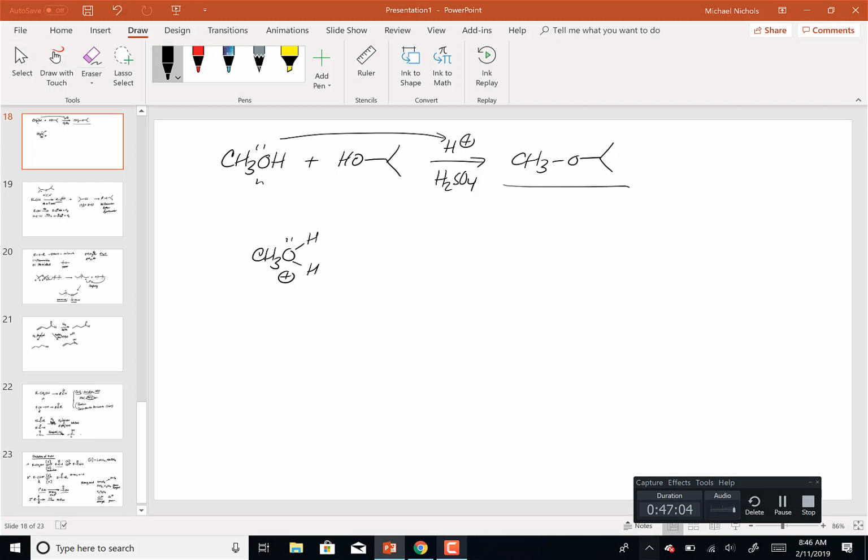SN2. So for my SN2 mechanism, I'm going to take my isopropyl alcohol and have it come in and attack the methyl group and kick off the water. And so what am I going to end up with? I'm going to end up with that oxonium ion.